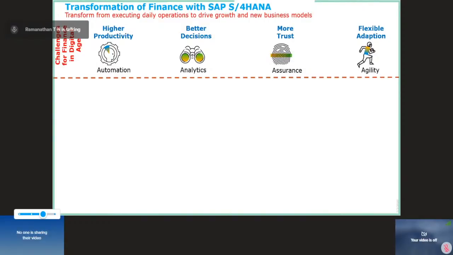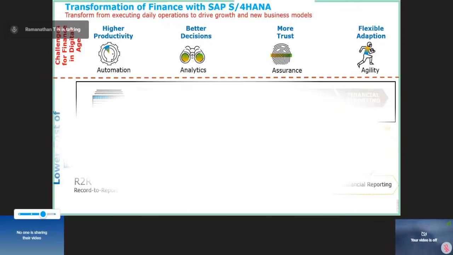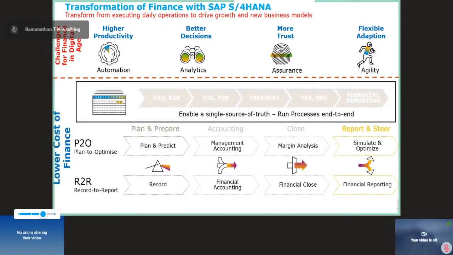At the same time, considering situations like COVID or any other cyclical or emerging trends coming up, they want their system to be agile and able to flexibly adapt to the changing requirements. This is also being looked upon. These are the typical challenges to the business, right? For finance, there are different challenges as well, right? So they also look at how they can lower the cost of finance.